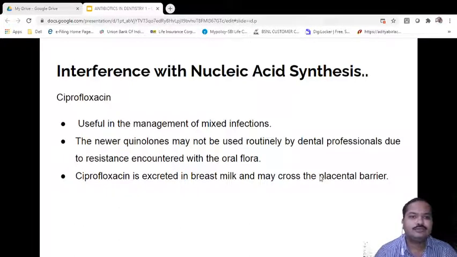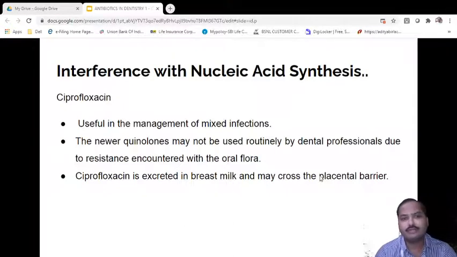Then we come to ciprofloxacin, talking more about the drug. They are useful in the management of mixed infections where Pseudomonas, gram-negative organisms and gram-positive ones are also there.